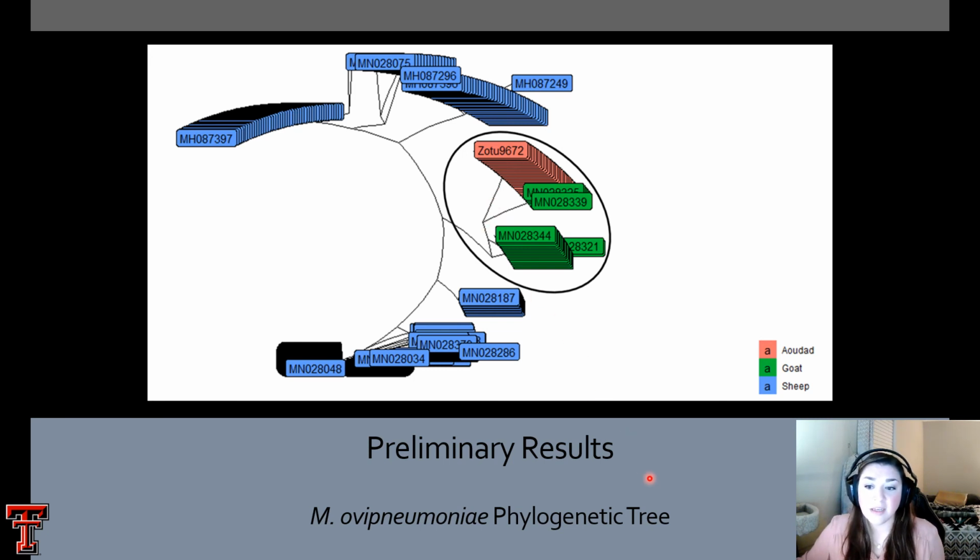So what this means is we have almost a brand new bacterial species in our audad. At 3%, that's usually when bacteria are identified as a completely different species. So we could have a more pathogenic or less pathogenic strain to our sheep or audad. Really, we don't know. It's brand new.